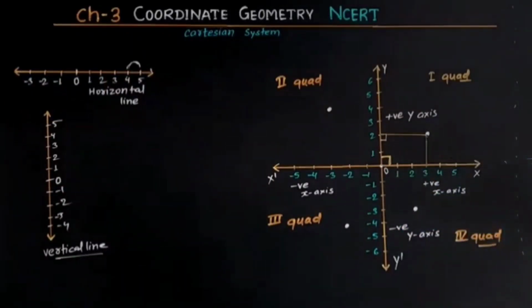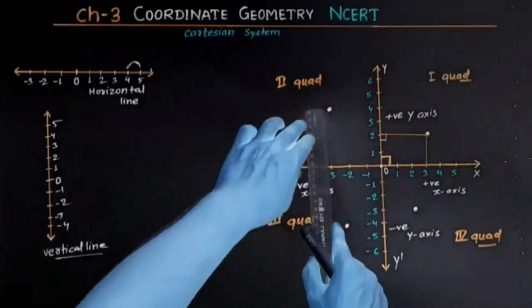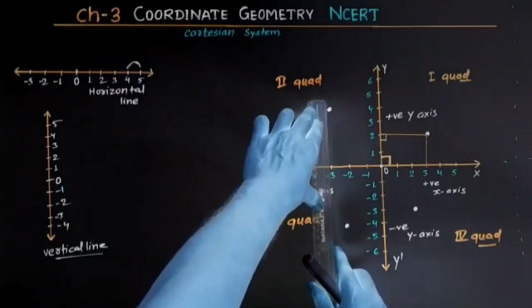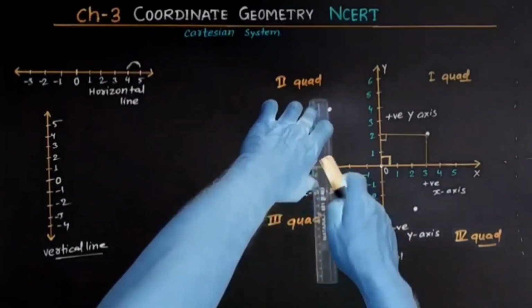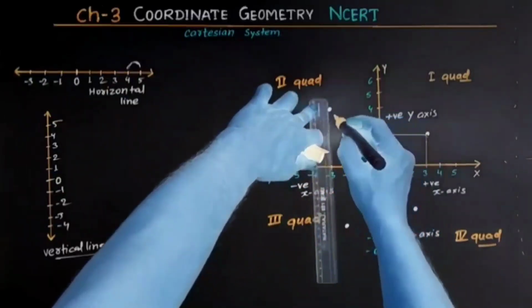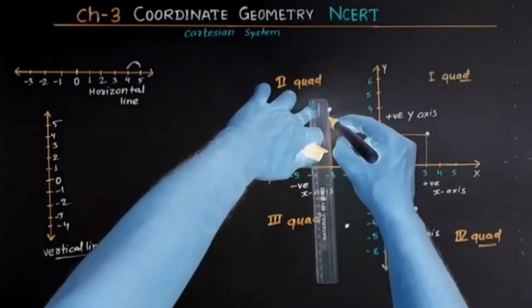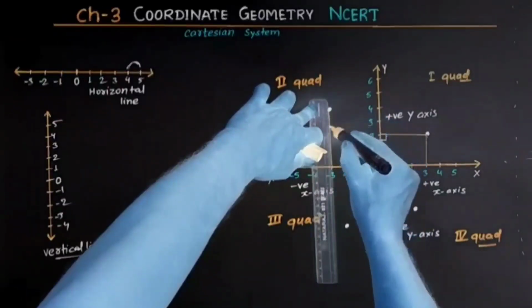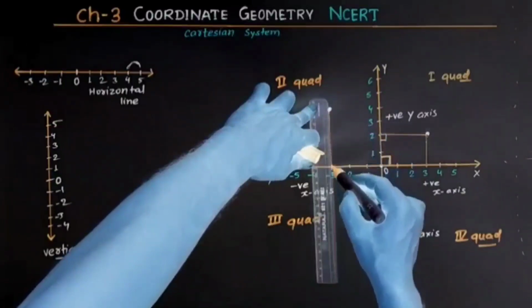Now this perpendicular meets the x-axis at point 3. So the x coordinate is 3, and this perpendicular meets the y-axis at 2, and that's why the coordinate of the first point in the first quadrant is (3, 2).